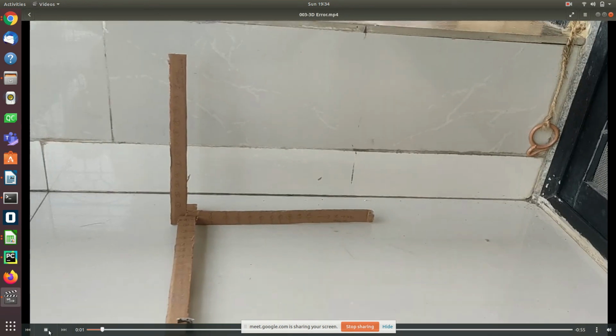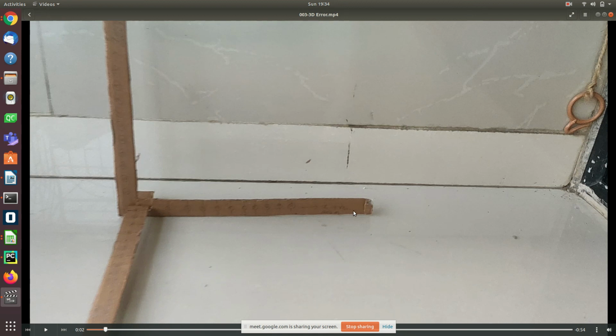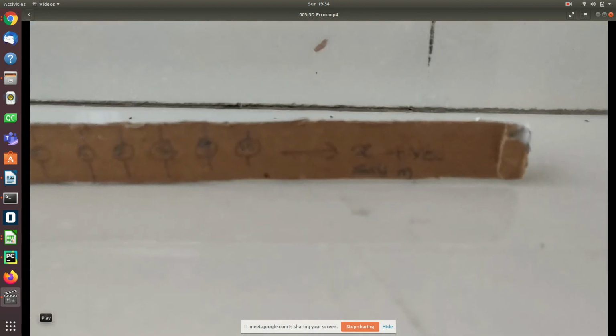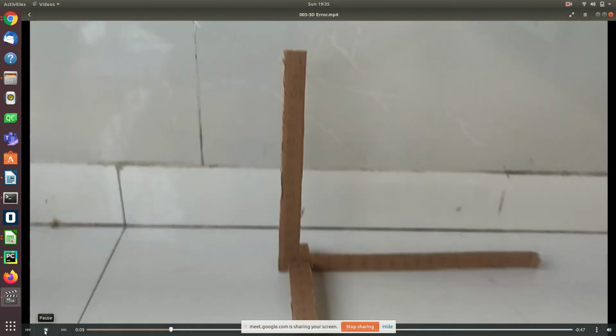So here, this is the x-axis, you can assume it as M. Assume it as M. This is Y, assume it as C, and this is error, Z.